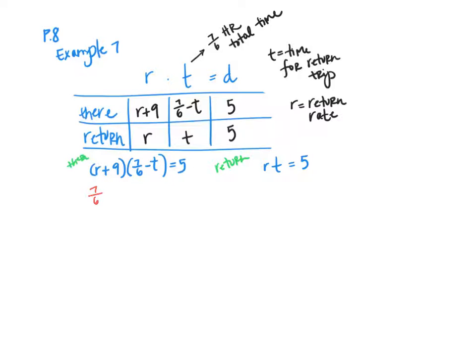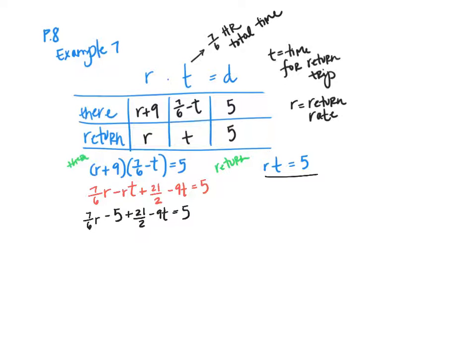So I went ahead and FOILed the there equation just to see what I'm going to get. So I have 7/6 R minus RT plus, if I do 9 times 7/6, that's going to be 21 halves minus 9t equals 5. Well, I noticed right away that every time I see an RT, I can plug in 5. So I did that. I have 7/6 R minus 5 plus 21 halves minus 9t equals 5.